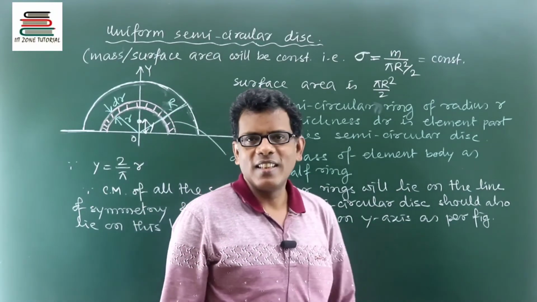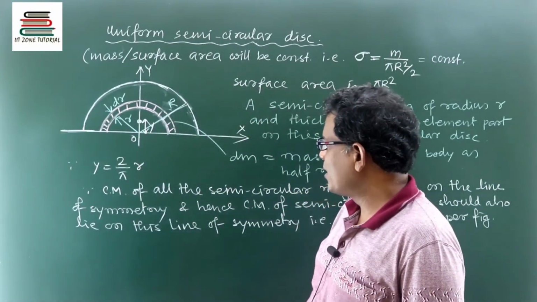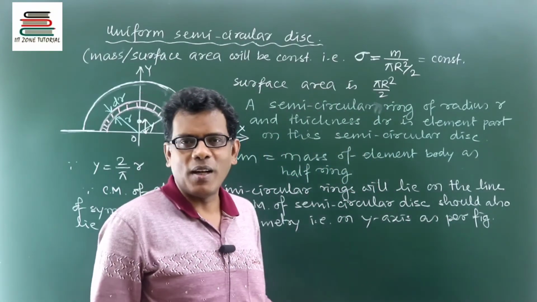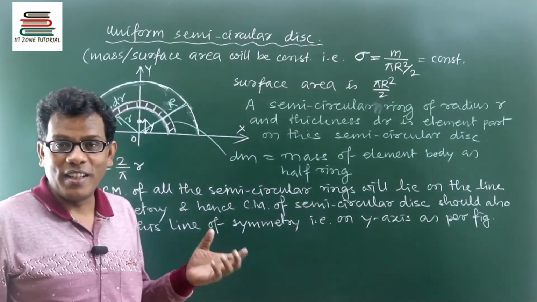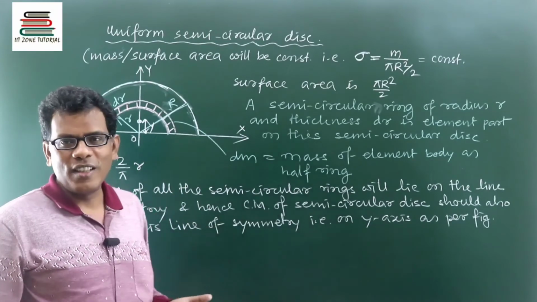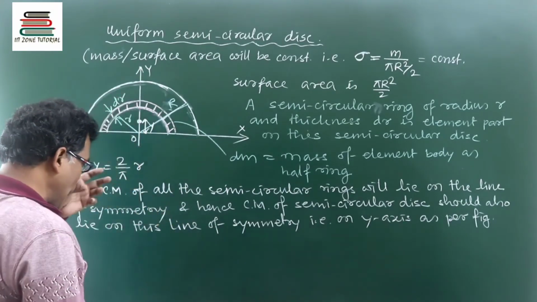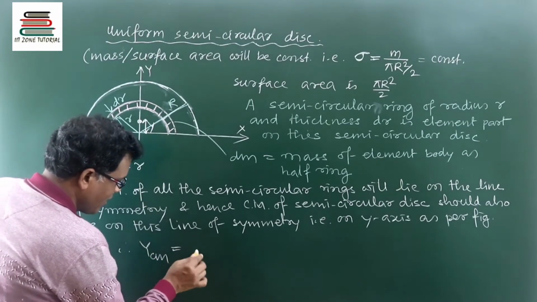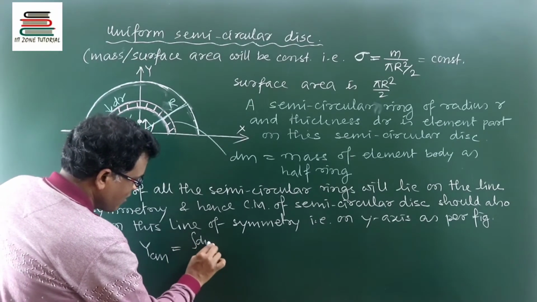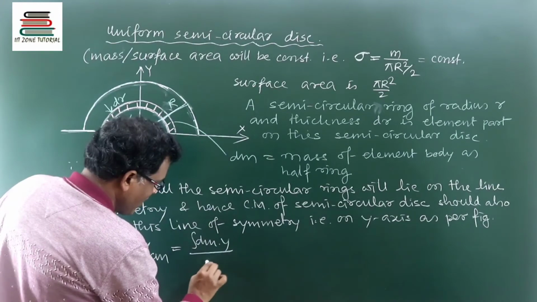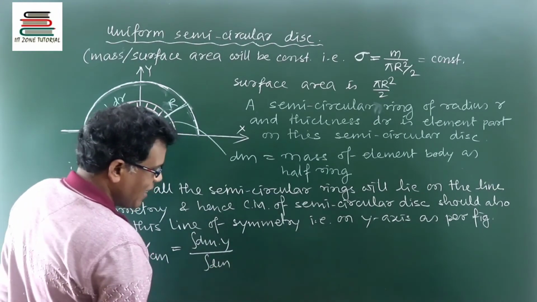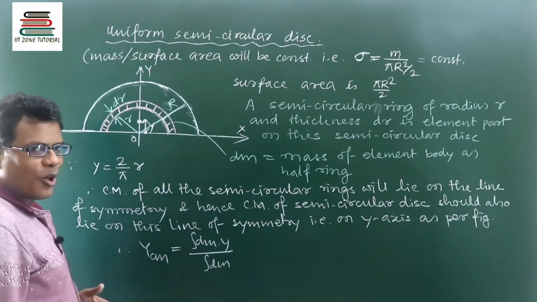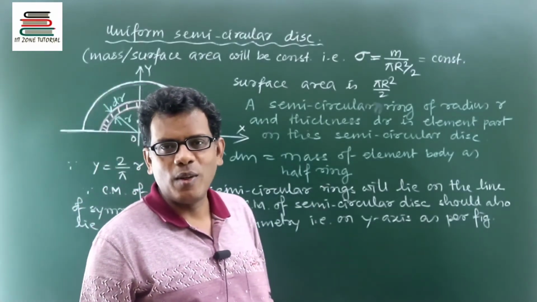The y-axis is the line of symmetry, and hence by this argument we are getting the possibility of finding the center of mass of the semicircular disk on the line of symmetry only. So that's why we can calculate YCM of the semicircular disk, which is the integration of dm into y divided by the integration of dm, right? We don't need to talk about the XCM calculation. Why?